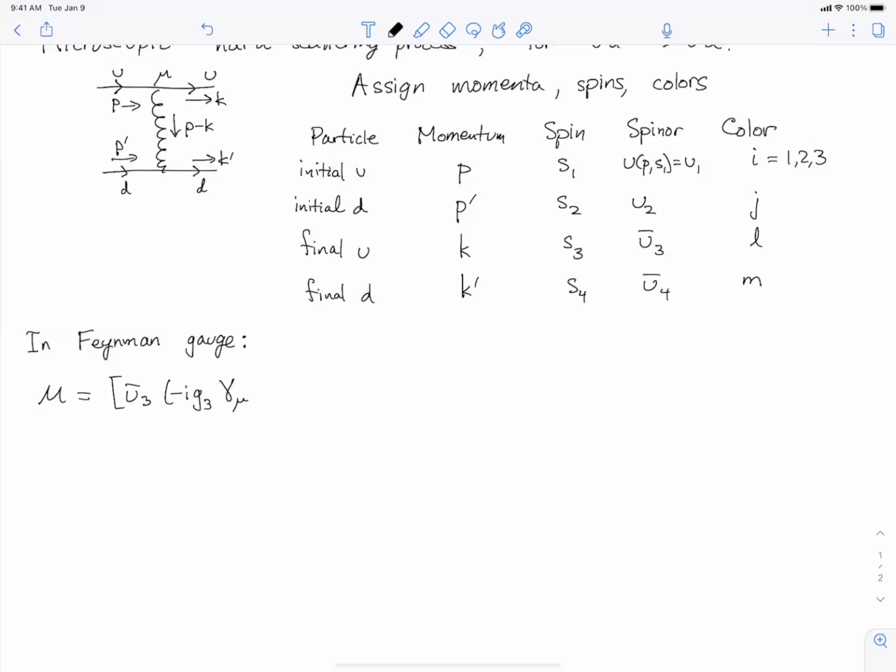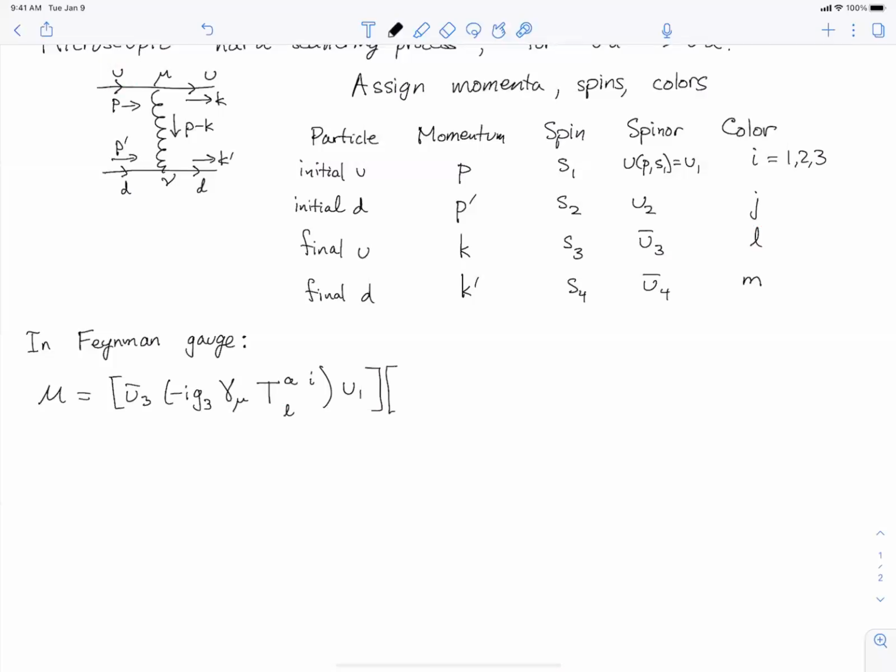Let's label this mu and this nu. But now there's the matrix T^A, and it's Li. Okay, so those things come from the colors that we read off the table. And so we're following it backwards. We're starting from color l for this up quark, and we're ending on color i for this up quark. Okay, and then finally at the end of that line, there's a u1 spinor.